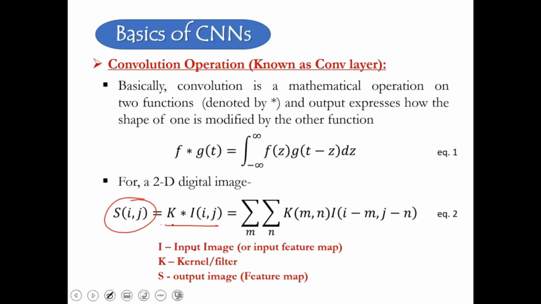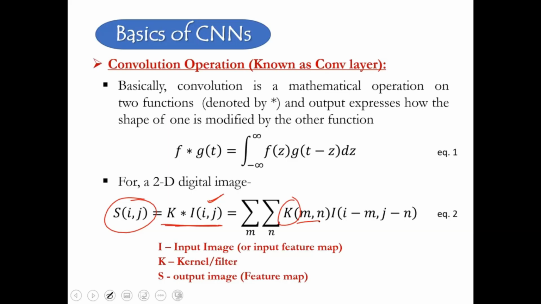Here we apply k and I for a particular pixel position ij, with a double summation, because k is a kernel. I will explain what a kernel is here. A kernel of size m by n, and the summation of the dot product.